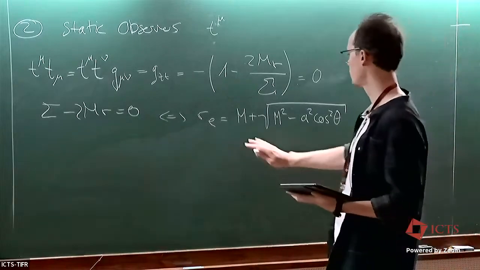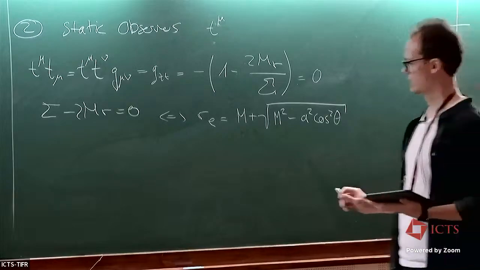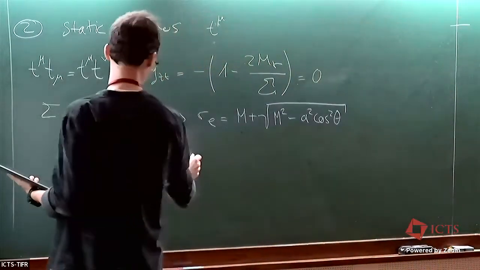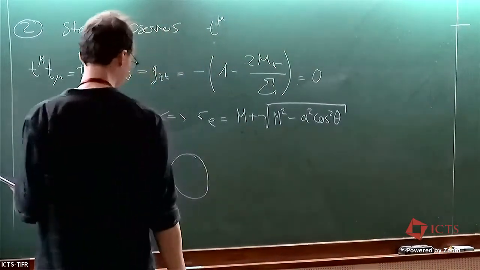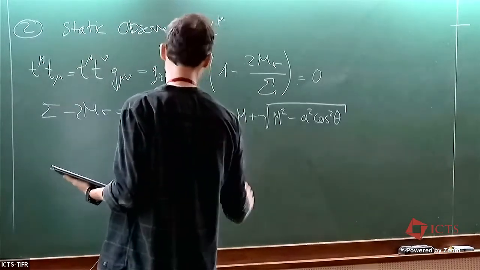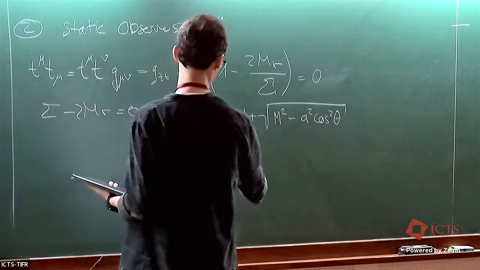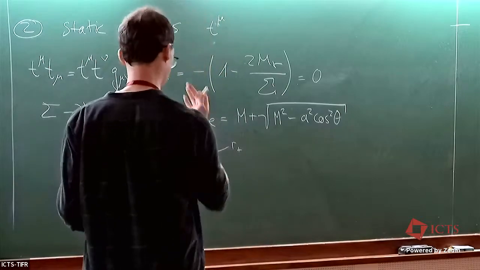Okay, so how can we picture this intuitively? So imagine you have the horizon. The horizon is just defined by r plus, which I was defining here. So it's a function of spin, but basically it's just some particular radius at which the horizon sits.